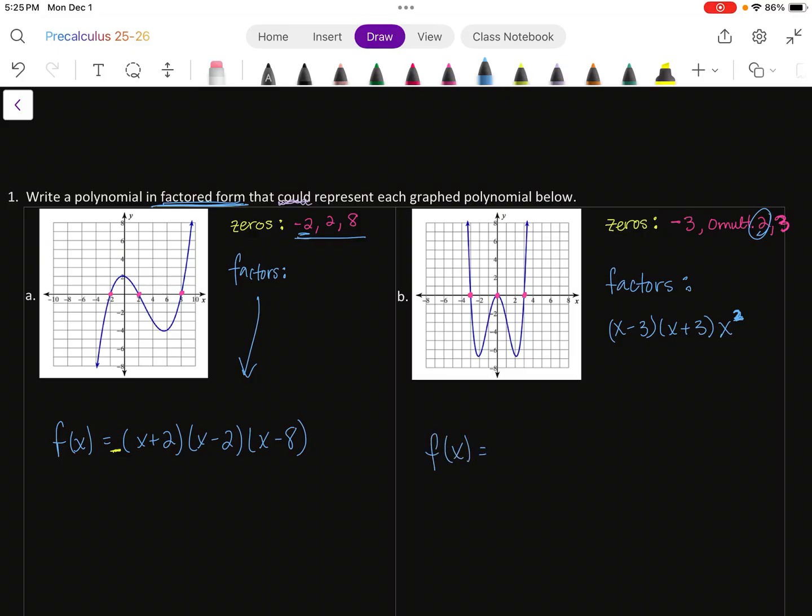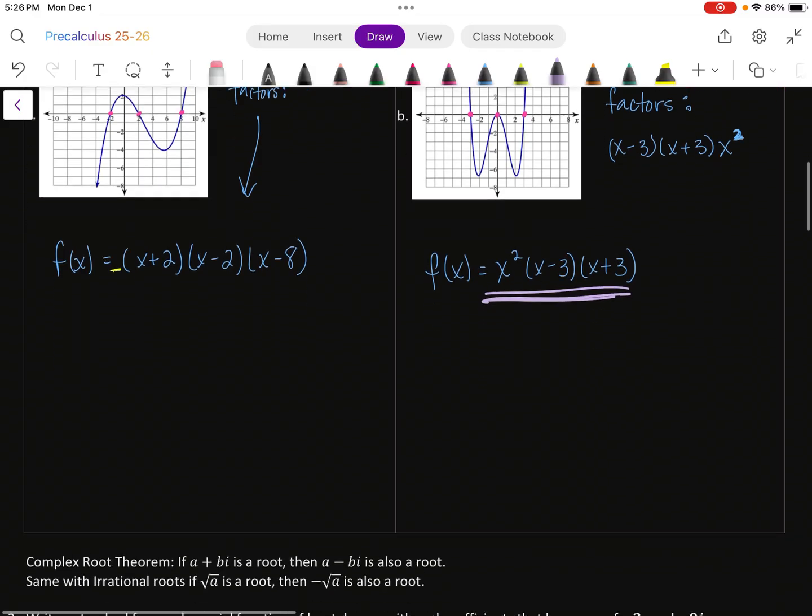So factored form, x squared, x minus 3, and x plus 3. And I know how to graph this from our previous quiz. Those zeros, it's a degree of 4, it's positive, there's a positive coefficient out in front of here.